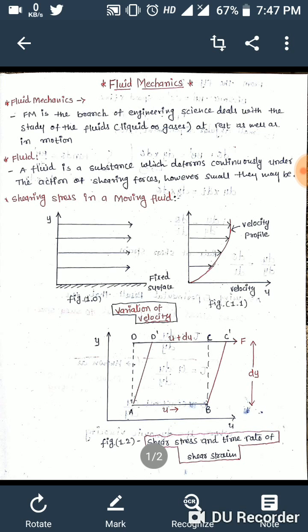Now when the fluid passes over the solid surface, velocity and shear stress are there, and due to the continuous action of that shear stress, fluid particles continuously deform under the action of the shear forces.